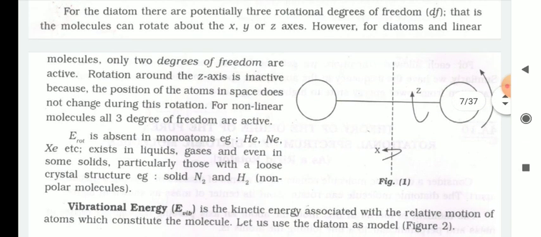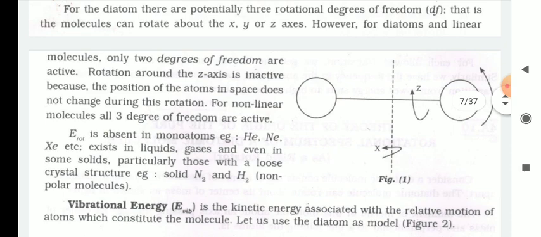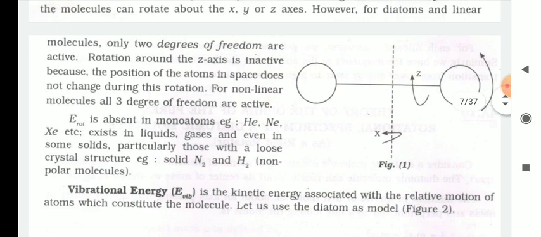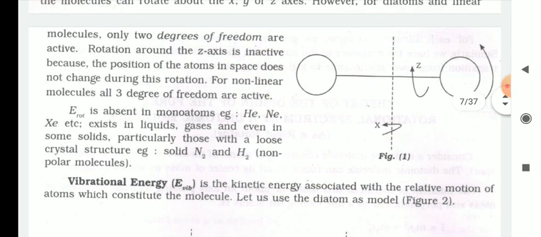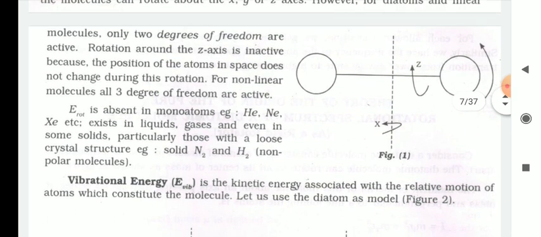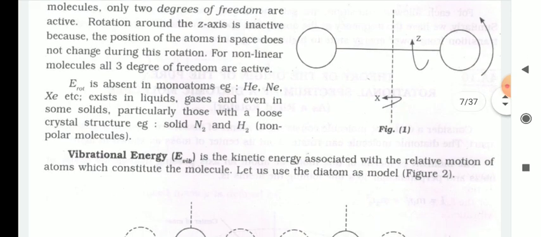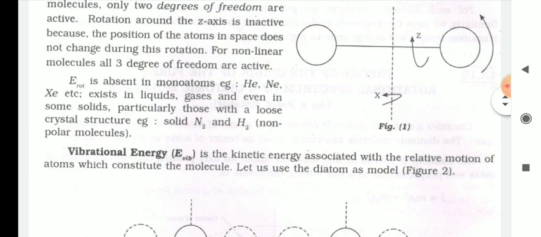However, for diatomics and linear molecules, only 2 degrees of freedom are active. The rotation around the z axis is inactive because the position of the atoms in space does not change during this rotation. For nonlinear molecules, all 3 degrees of freedom are active.